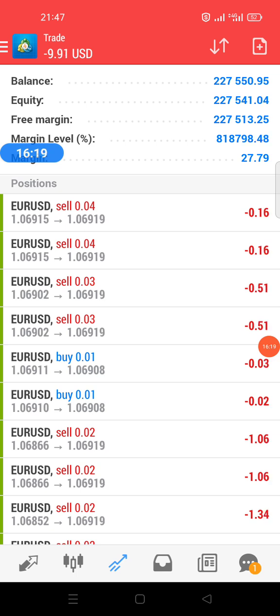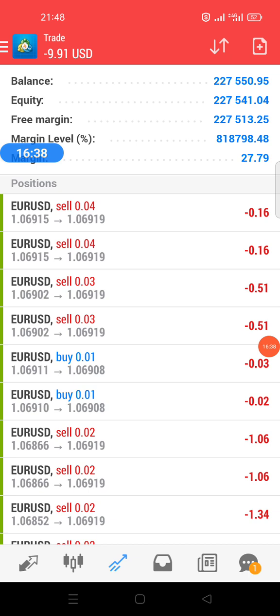Once your margin level in percentage comes down to around 500, you need to add more money to your trading account. Because the moment it gets to about 100, you will attract what they call margin call.